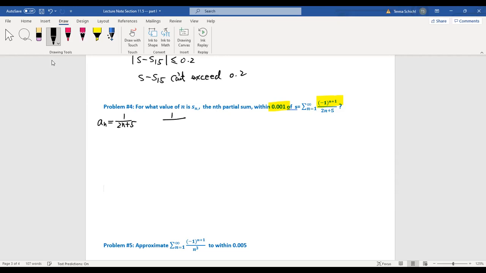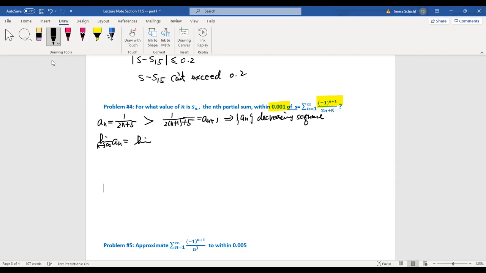And a_(n+1) is 1 over 2(n+1) plus 5. Obviously this denominator is bigger than 2n plus 5, so a_n is greater than a_(n+1). That's why I know a_n is a decreasing sequence.